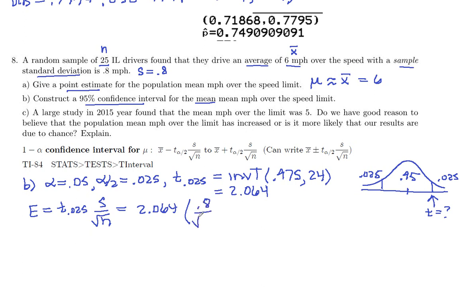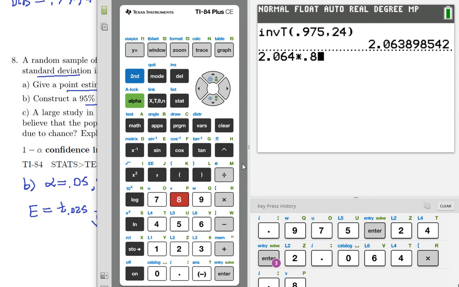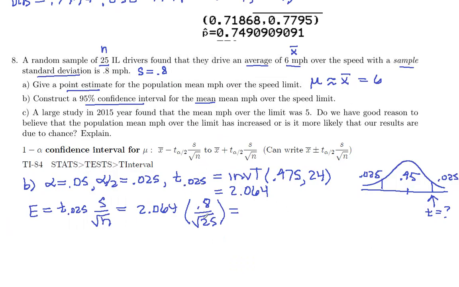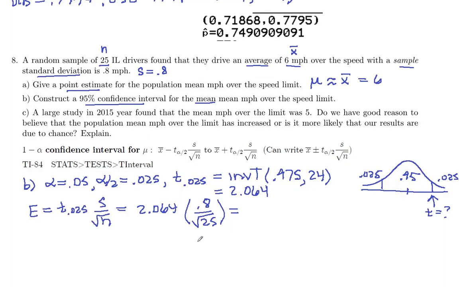Divide by square root of the sample size, which is 25. So let's go ahead and compute that. 2.064 times 0.8 divided by, square root of 25 is 5. So 0.8 divided by 5. 0.33024, so 0.330 approximately.